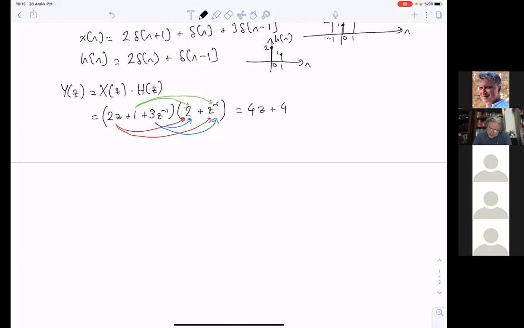This 1 times z to the minus 1 is z to the minus 1. There is also a 3z to the minus 1 times 2, which makes 6z to the minus 1. So it makes 7z to the minus 1. And finally, 3z to the minus 1 and z to the minus 1 are multiplied to give you 3z to the minus 2. And there's only a single such term.